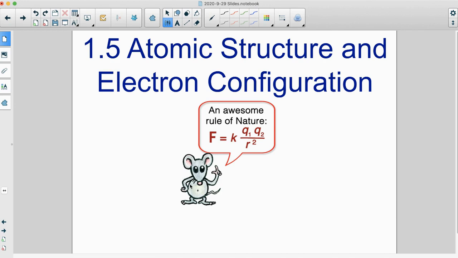All right, so topic 1.5 is on atomic structure and electron configuration. One of the things that's going to come into play here is an awesome rule of nature. This is Coulomb's law of electrostatics. We will talk a lot more about Coulomb's law in a bit.